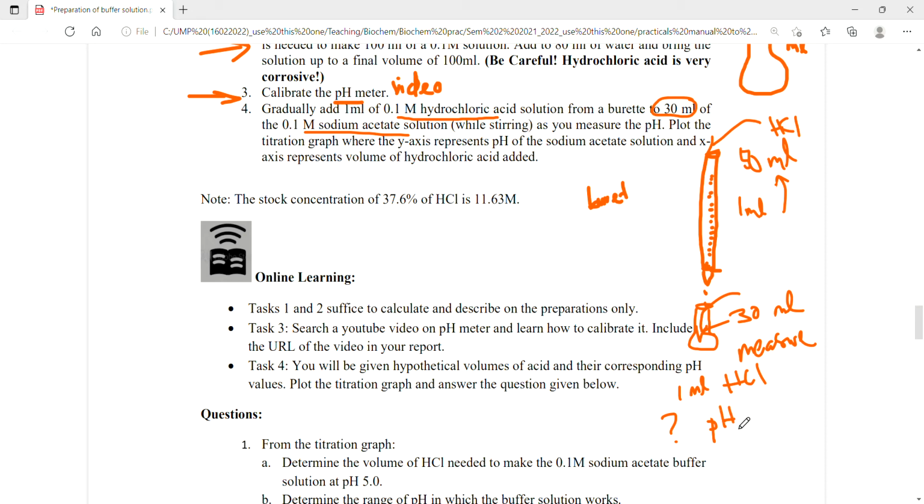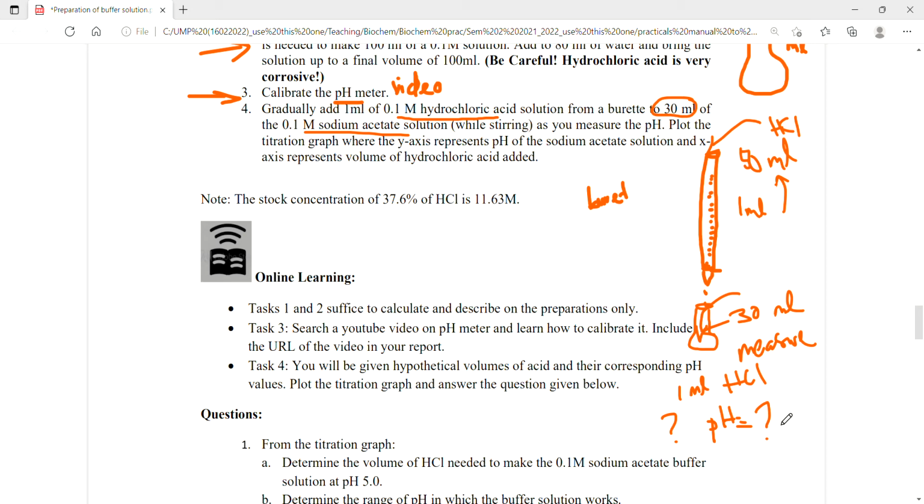Okay, so you do like this, after every 1 ml you add. So you add 1 ml, you measure the pH, add another 1 ml, measure the pH, add another 1 ml, measure the pH.